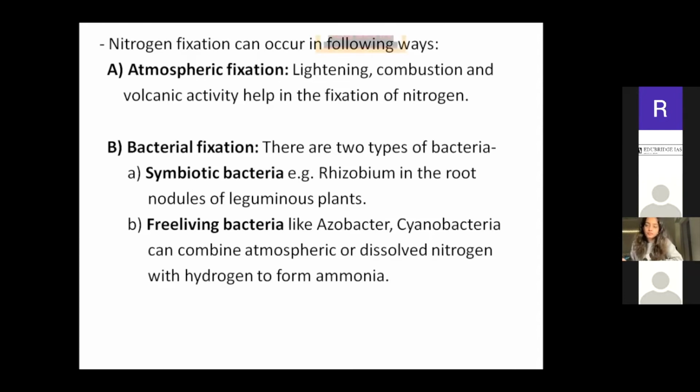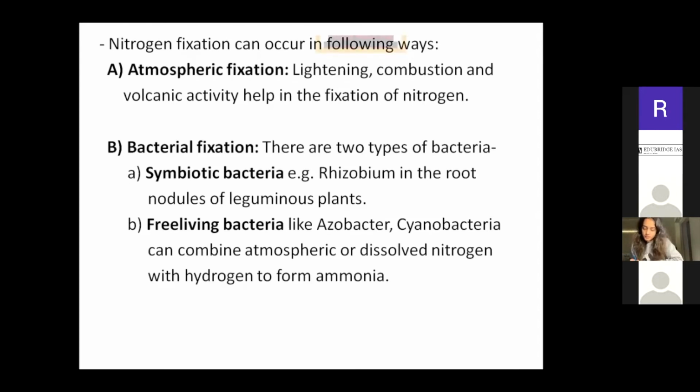Then the second process of nitrogen fixation is through bacterial activities. So we have discussed the symbiotic association of rhizobium and leguminous plants. Through symbiotic bacteria like rhizobium, we can make atmospheric nitrogen available to the plants. Right?